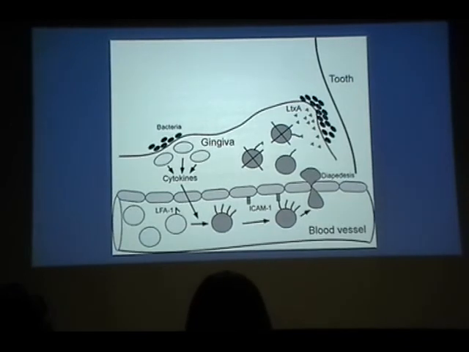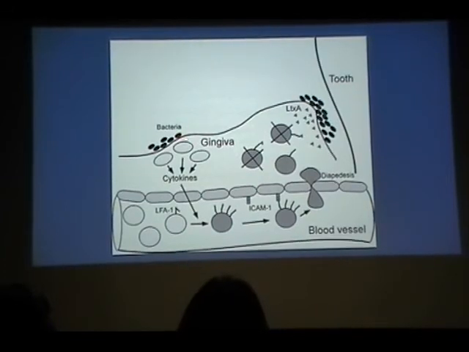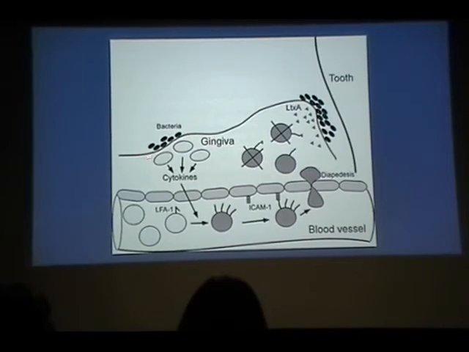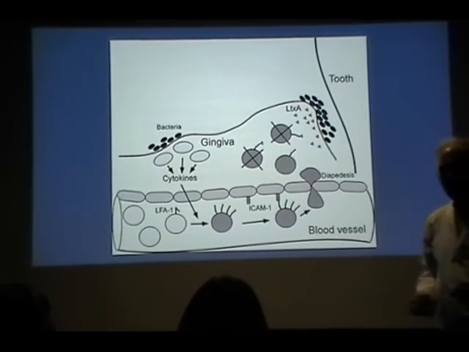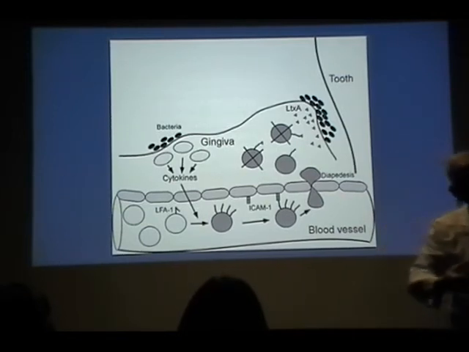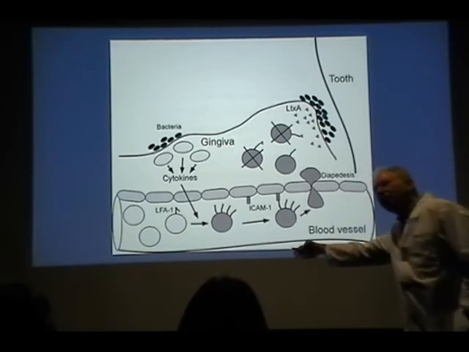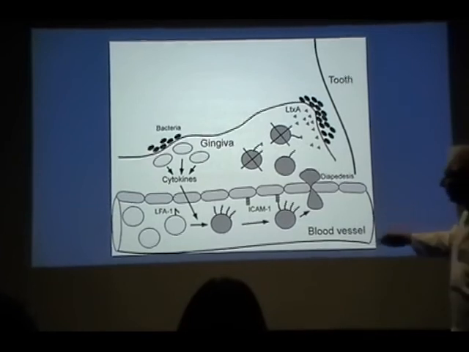And this is just a cartoon to demonstrate the fact that what is happening is that you've got bacteria that are promoting, let's say, a gingivitis, or you've got bacteria that are promoting an epithelial response to the bacteria. So cytokines are being released, right? Tomorrow we'll talk about what's going on in the blood vessels that promotes the unique chemotaxis of PMNs from the blood vessels to the site.